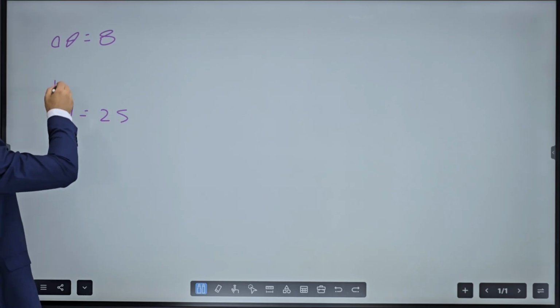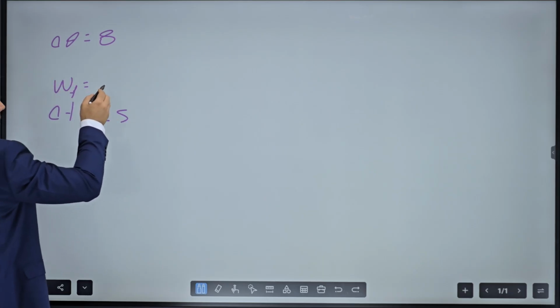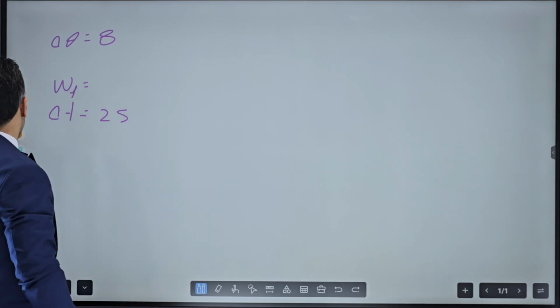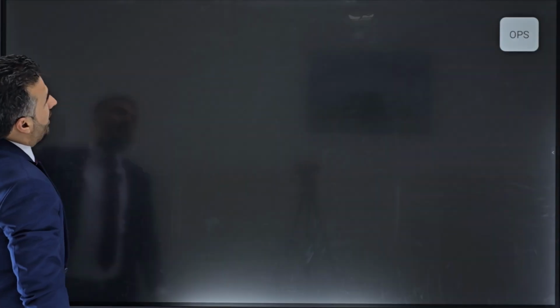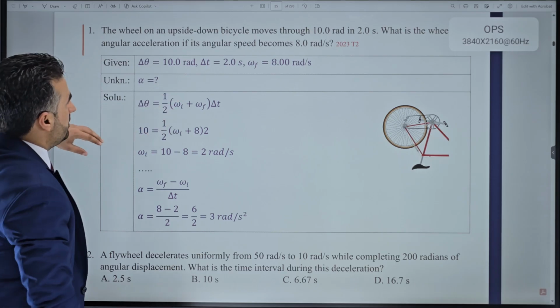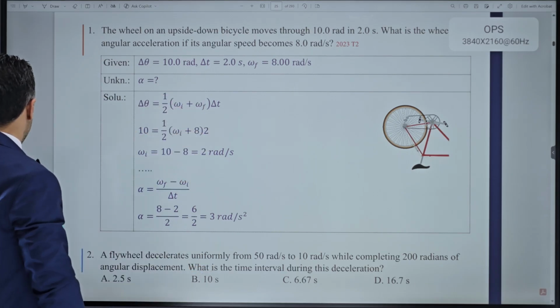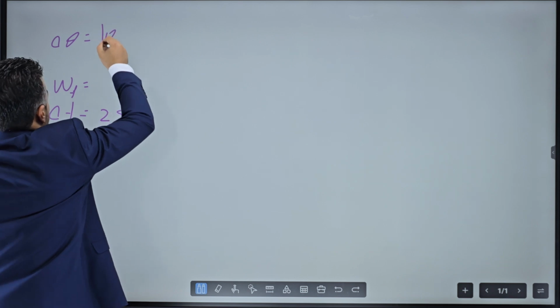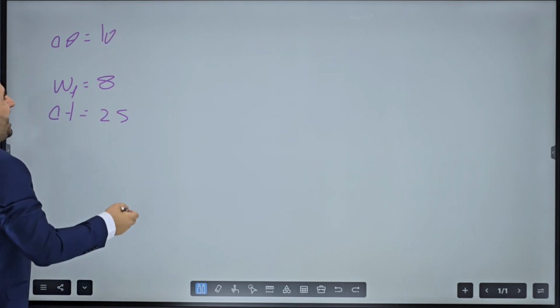And then what is given was omega final, and it was, I forgot the number. The irony, man. Okay, so that is 8, and then the other one was 10. What a surprise. So this was 10, okay? And this one becomes 8 here.